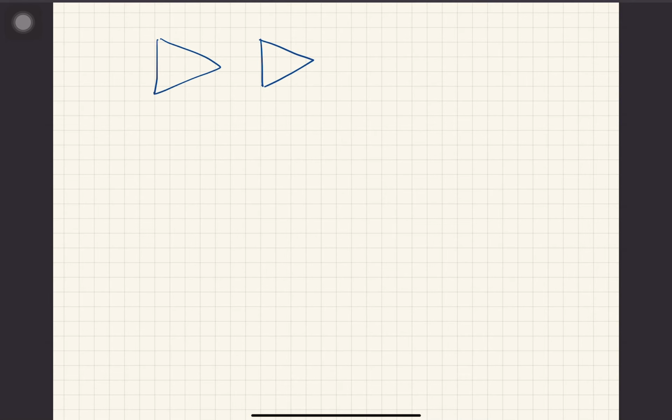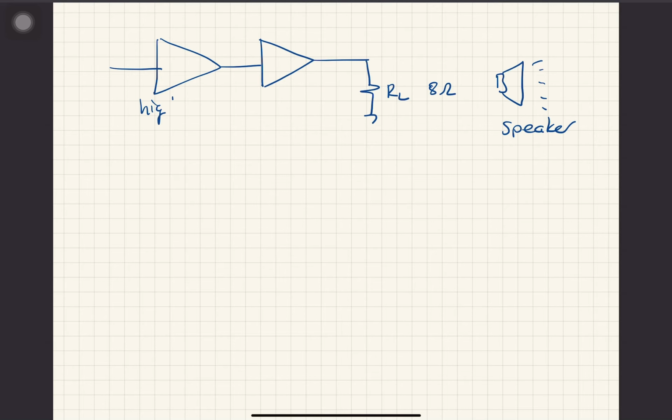You have some amplifier with multiple parts, and you have a low resistance load, which is like a speaker, let's say. So you have high gain, and a buffer. The buffer was an audio amplifier before.